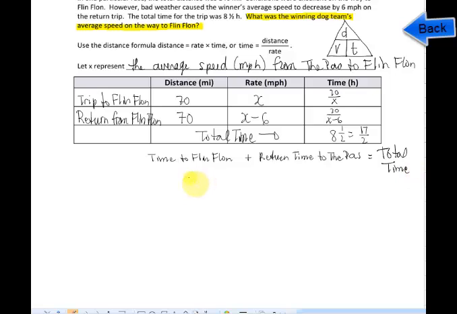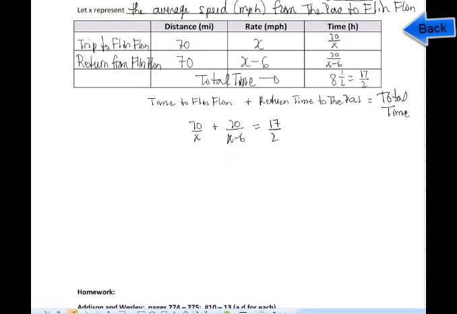So that means 70 over x plus 70 over x minus 6 is equal to 17 over 2. All right, so we need an LCD. Our LCD is going to be 2 times x minus 6, or if you like, 2x times x minus 6. And our non-permissible values are that x can't be 0 and 6.